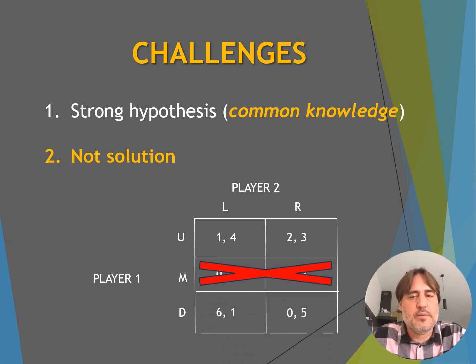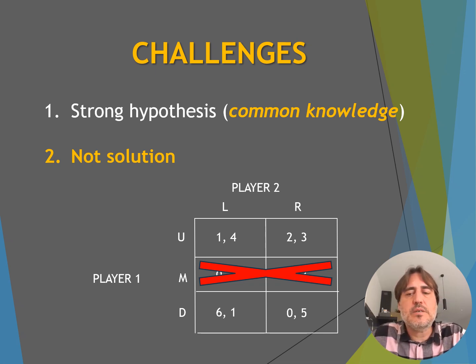So what then? There are countless games in which we cannot obtain a single prediction using dominance arguments, or there are many games in which we cannot obtain the final solution using the equilibrium dominance that we have shown in this video.